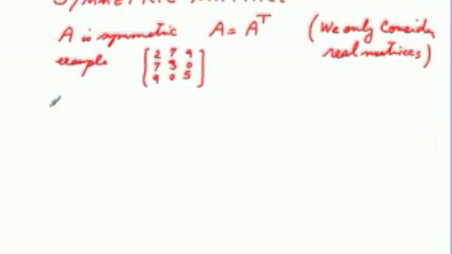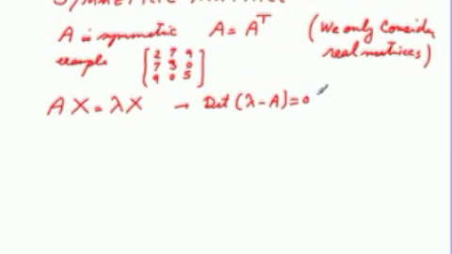We have been talking about the eigenvalue problem: if you have a matrix A, there are some special vectors that when you multiply the matrix with that vector, all that happens is that the vector gets magnified by some number. The way to find this was to set the determinant of lambda I minus A equal to 0, get your characteristic polynomial and get its roots.